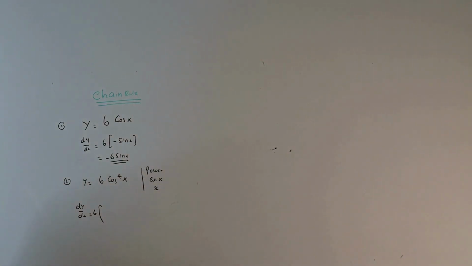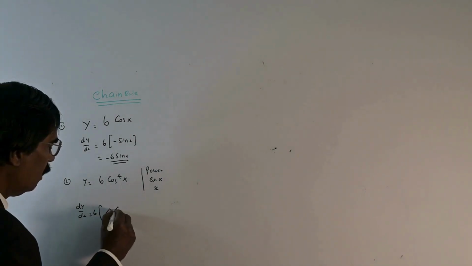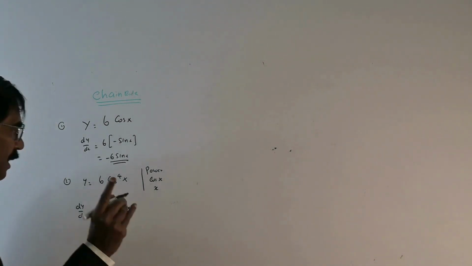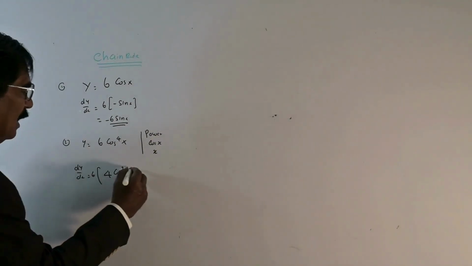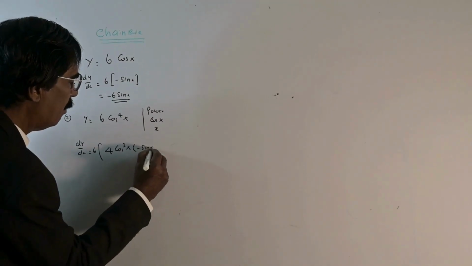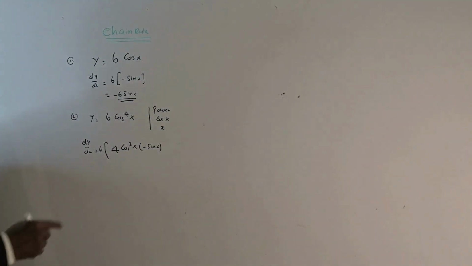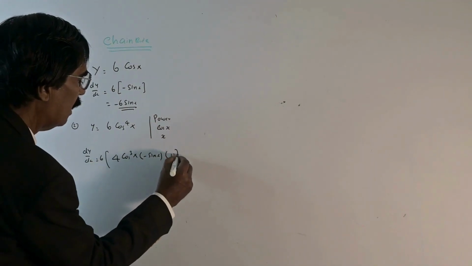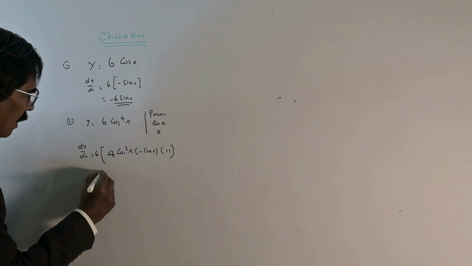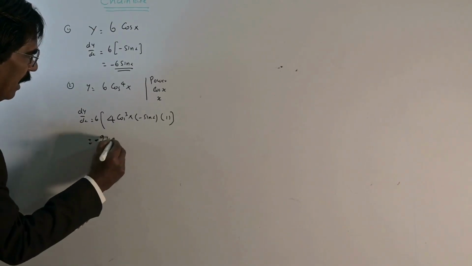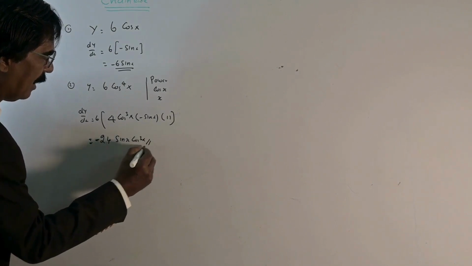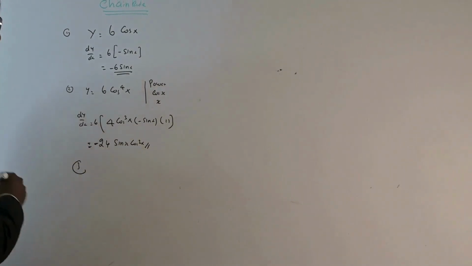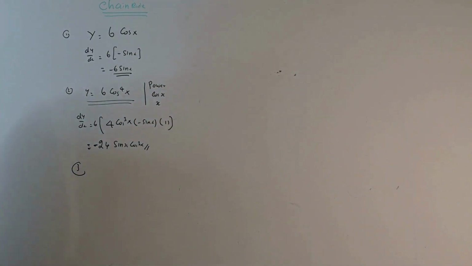What we will do? 4x cube, like that. 4 cos cube x, is it not? Then forget about power 4. Then come to cos x. When you differentiate, minus sin x. You are using that formula. Then x, 1. Now listen. 24 minus, you bring it here. Sin x cos cube x. I arrange this like this. Okay? This is the second thing.